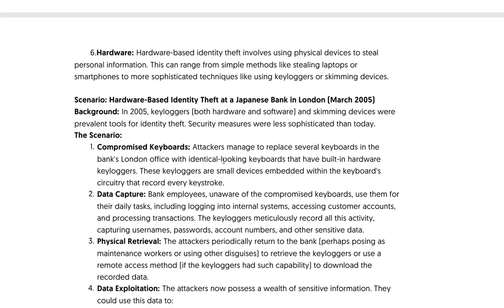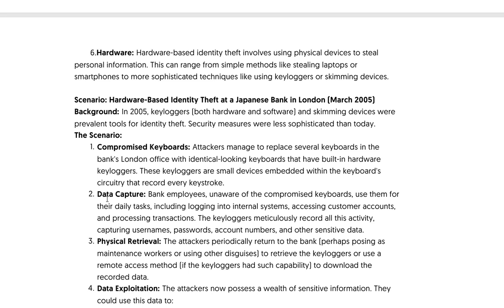The attackers managed to replace several keyboards in the bank's London office with identical-looking keyboards. They developed a keyboard with a keylogger and managed to replace the original keyboard with it.